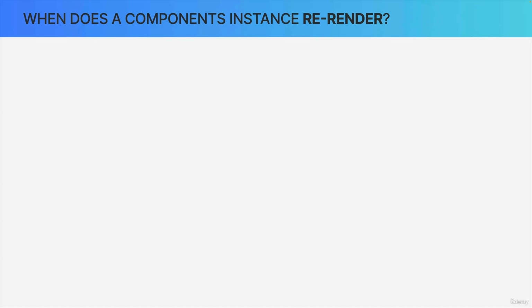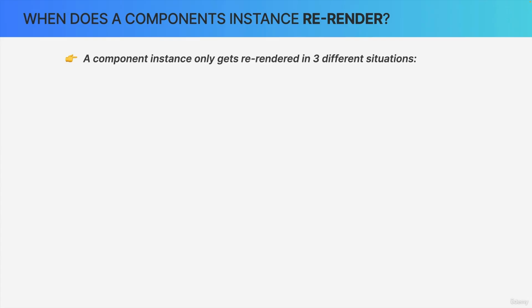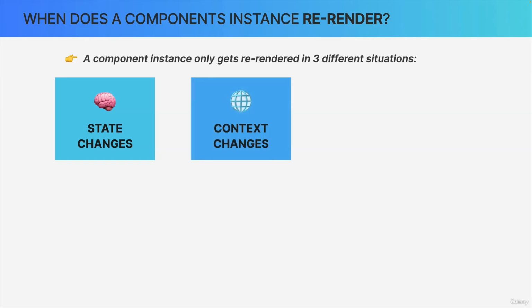So in React, a component instance only gets re-rendered in three different situations. First, when the component state changes. Second, a component instance gets re-rendered whenever there's a change in a context that the component is subscribed to. And this is exactly what we've learned in the previous section.